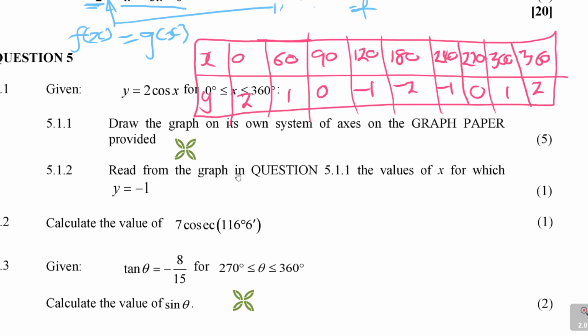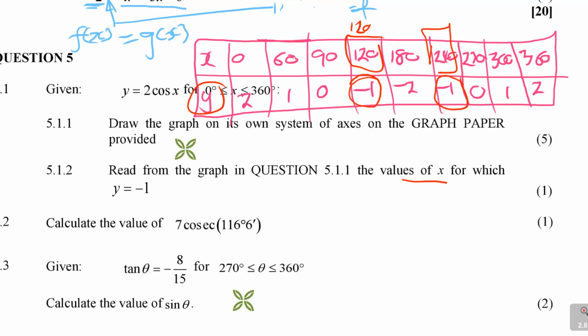Read from the graph in question this, the value of x for which y is equal to minus 1. You come here, don't go far. There, y is equal to minus 1. Look, it's twice. When y is equal to minus 1, there is x. When y is equal to minus 1, there is x. That's why they say read from the graph the values of x. So x is what? 120 and 240.